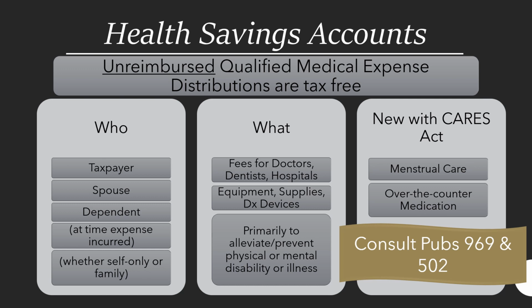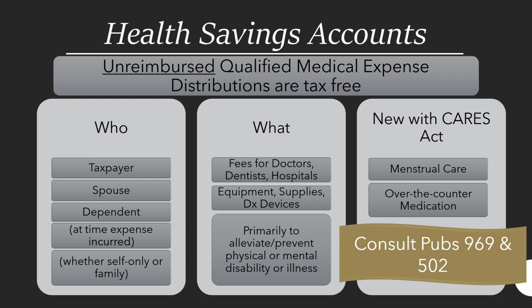Now let's look at the distribution side, when money is taken out. In order to not trigger any taxes or penalties, distributions must be used to cover unreimbursed qualified medical expenses. It does matter who these expenses are paid for. It must be for the taxpayer, the spouse, or the dependent at the time the expense was incurred.